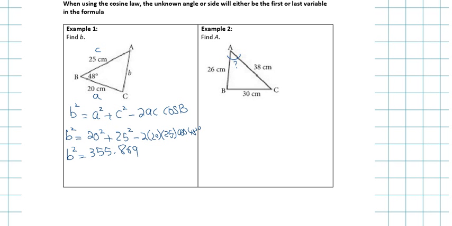Now, the last step is I have to square root because I have B squared, right? The opposite of squared is square root. So if I square root that, what do I get? Should be 18.9. Yeah. Now you round to 1 decimal.